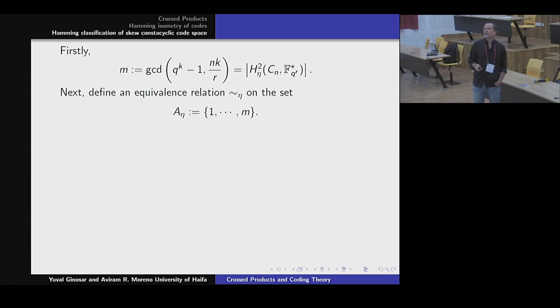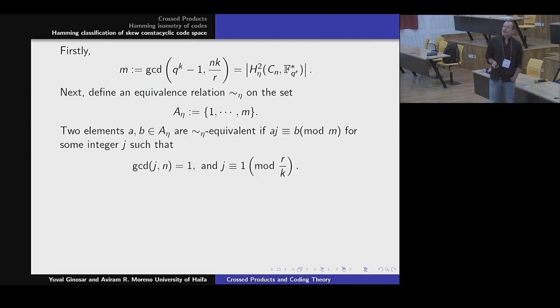A set of non-negative integers less than or equal to m. Two elements in this set are equivalent if there exists an integer j such that aj is congruent modulo m to b, and such that j is coprime to n and is congruent to 1 mod r over k. Recall that r over k is an integer.